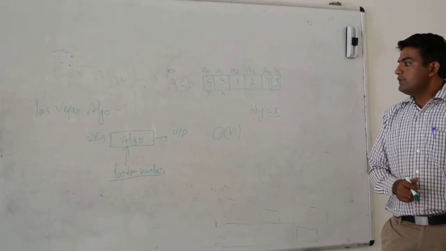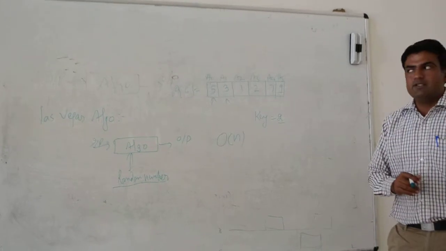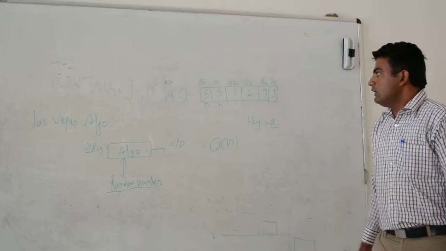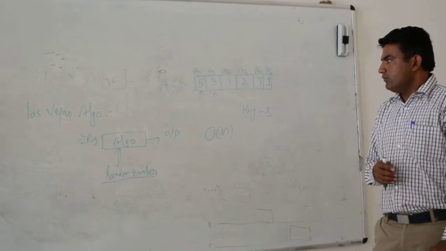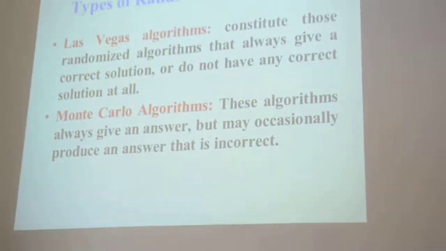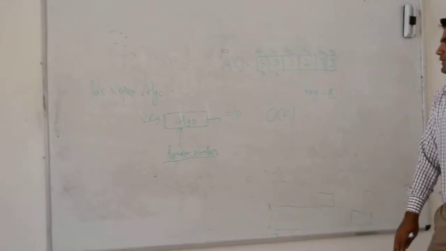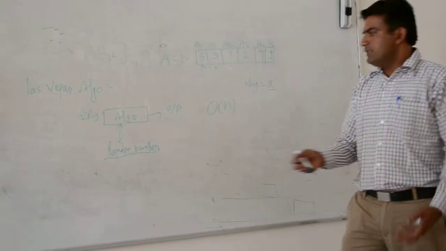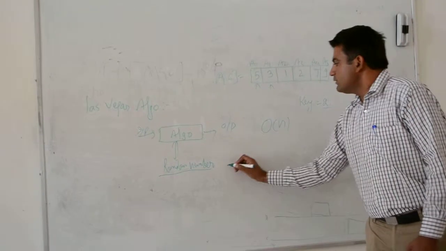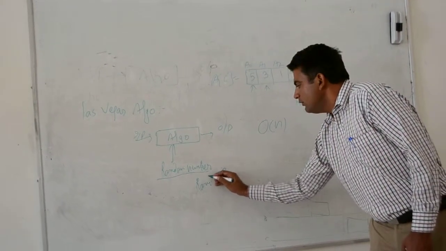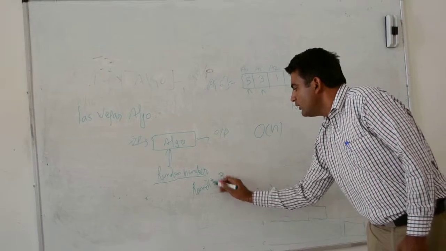First we call the random generator function, which will generate a particular number, say 3.